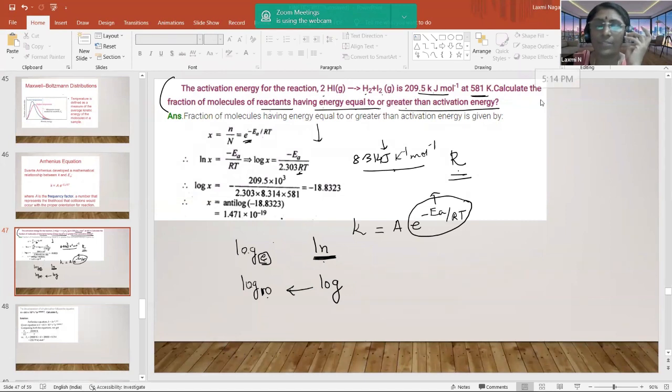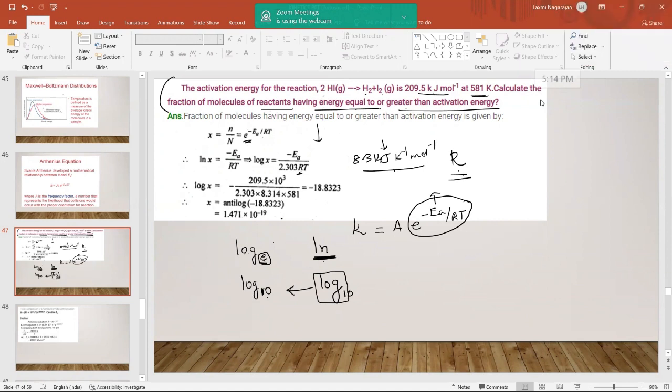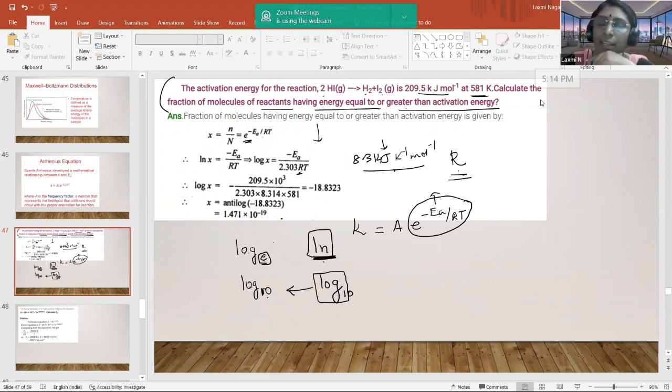For chemistry people, whenever they see the term log, we will automatically understand that the base is 10. Whenever they see the term ln, they have to understand that log to the base e is termed as ln.